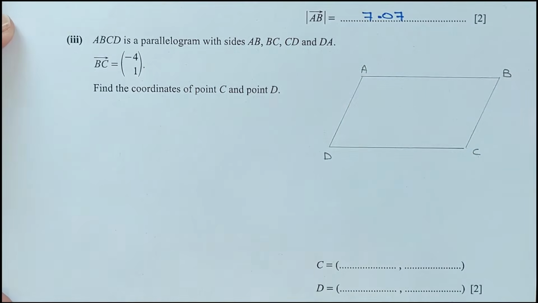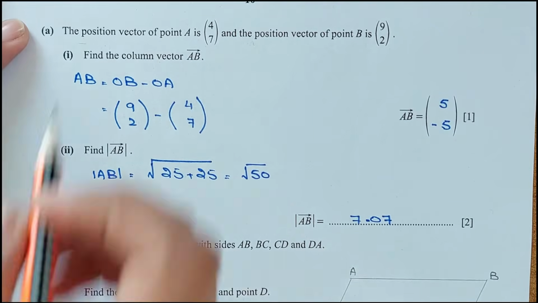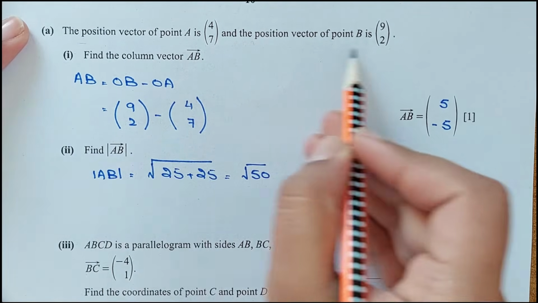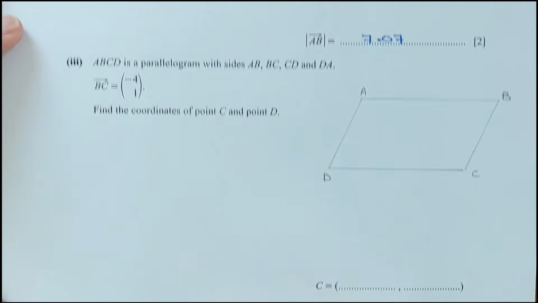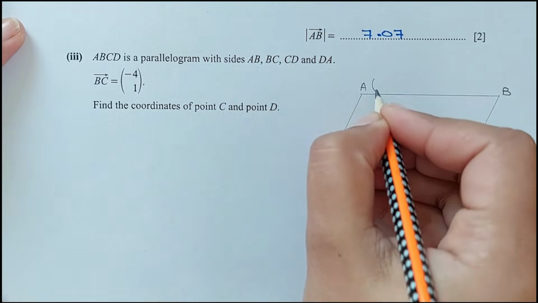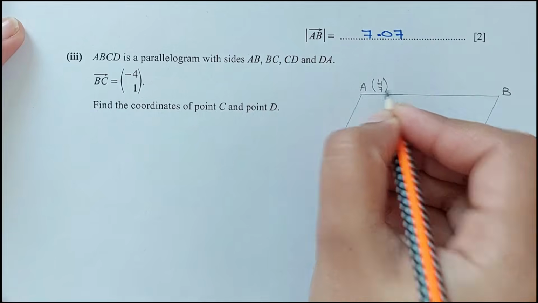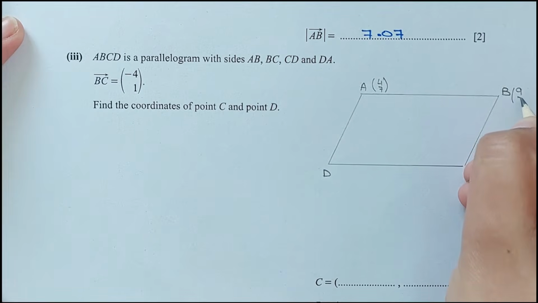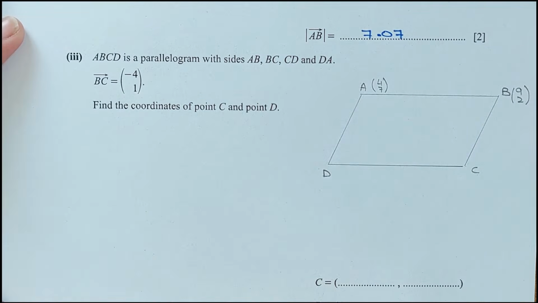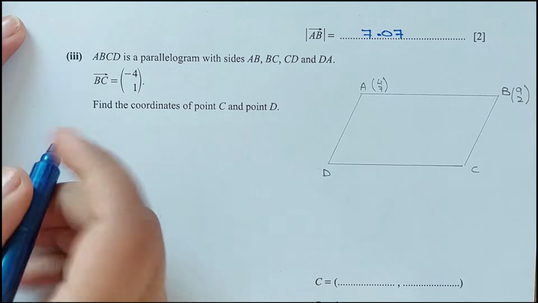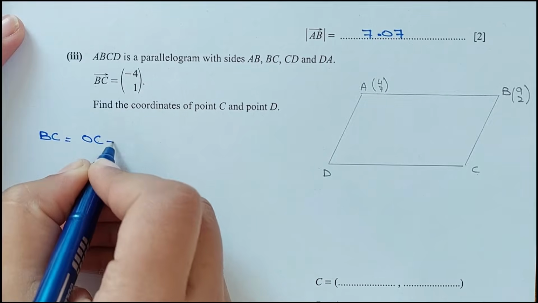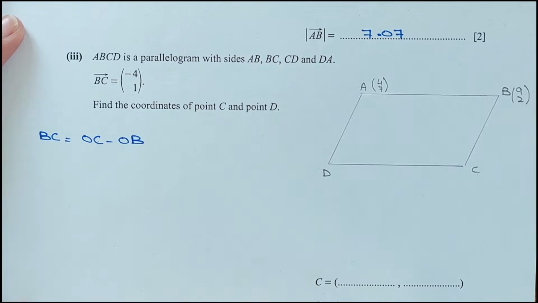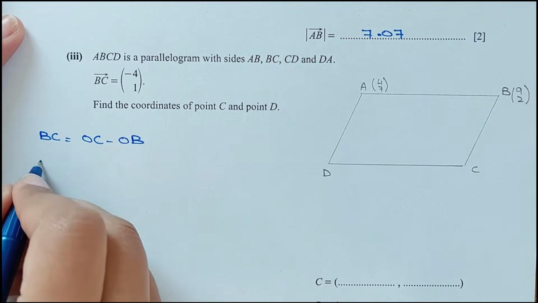Okay, so the position vector of A is given and the position vector of B is given, right? So this is 4, 7 and 9, 2. Let me label this. A is 4, 7. B is 9, 2. We have to find the coordinates of C and D, right? So we have been given BC. What is BC? BC is OC minus OB, right? We can find C. So what is OC?